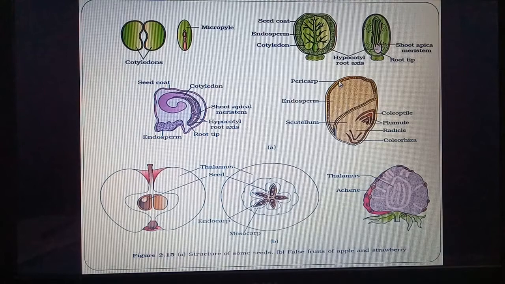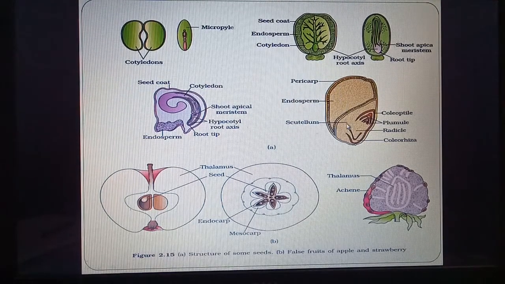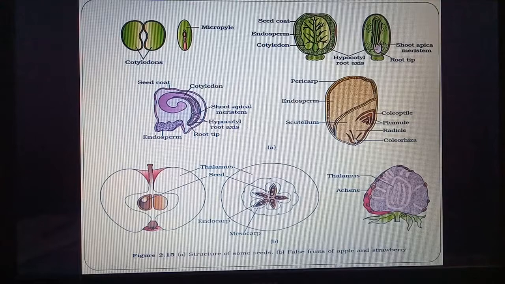In this, pericarp is the uppermost layer, then endosperm is found, scutellum or single cotyledon, coleoptile is the covering which covers the plumule, then the bottom part is the radicle and it is covered by coleorhiza. So these are the different seeds: a bean seed, then castor seed, then onion seed, and finally maize seed.